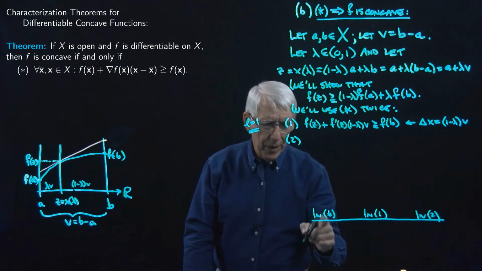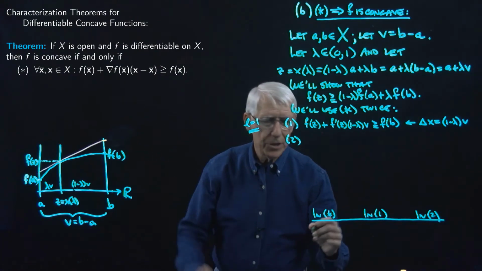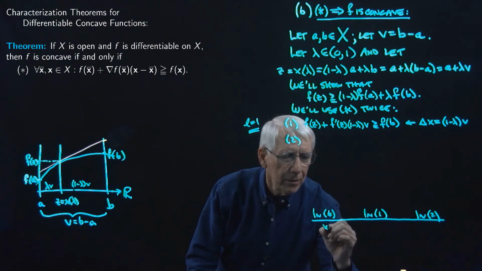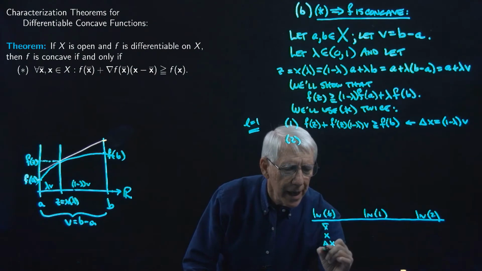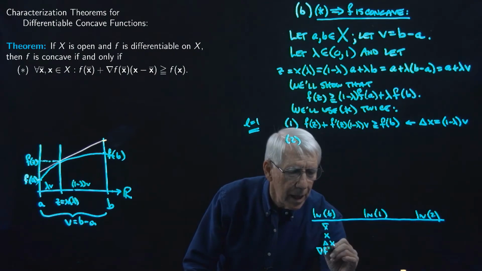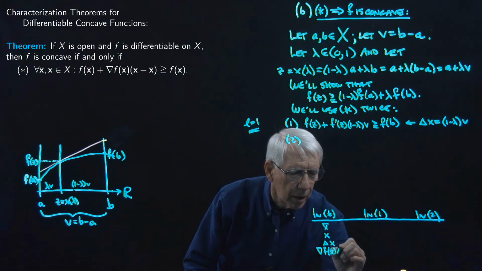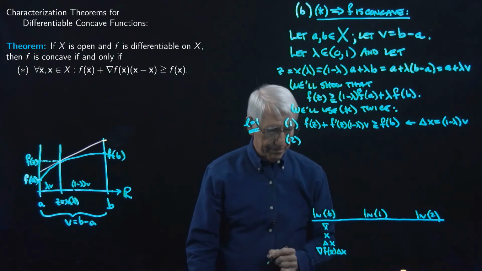And so the things I have to identify in the star condition are x bar, x, delta x, and I'm also going to identify gradient f at x bar delta x.